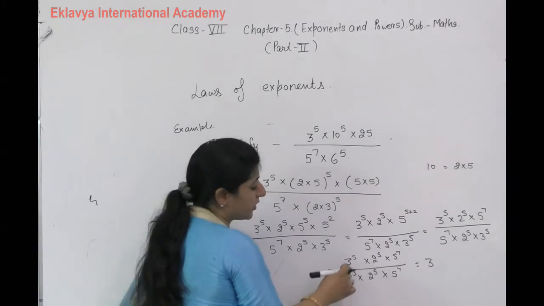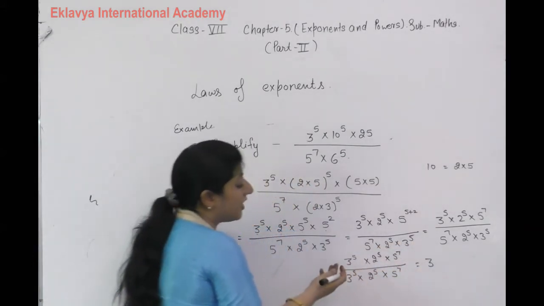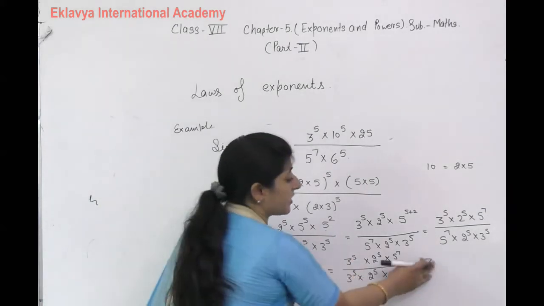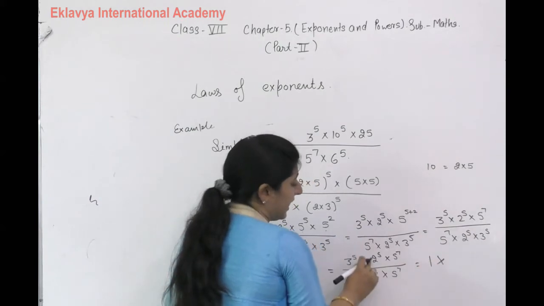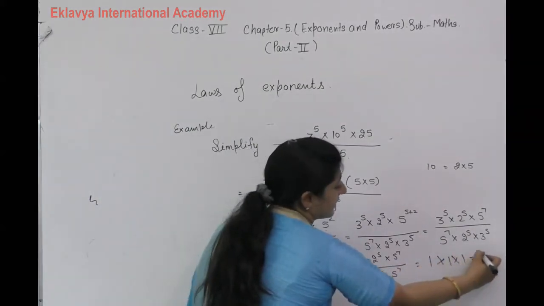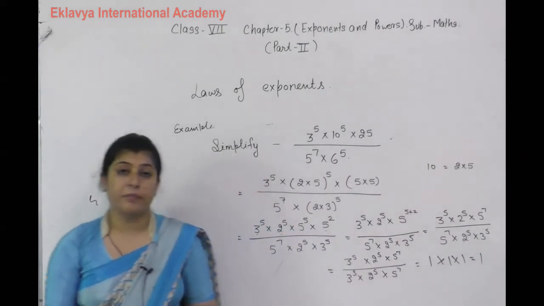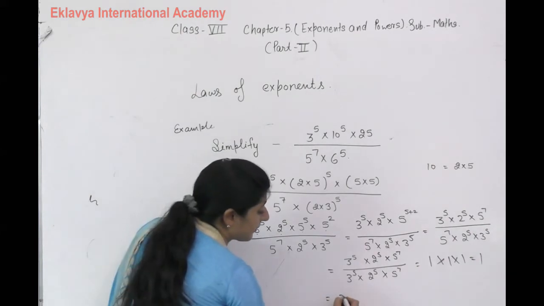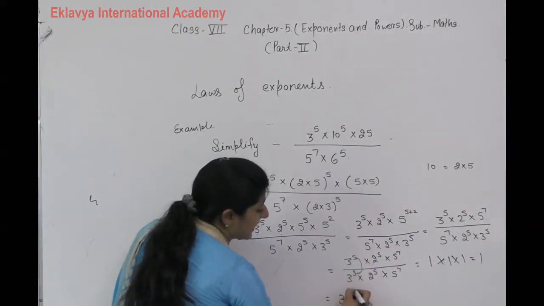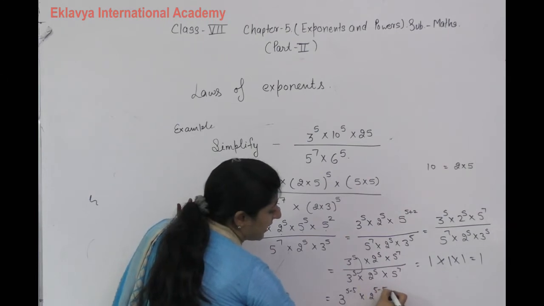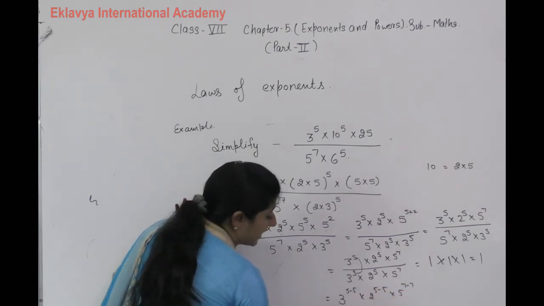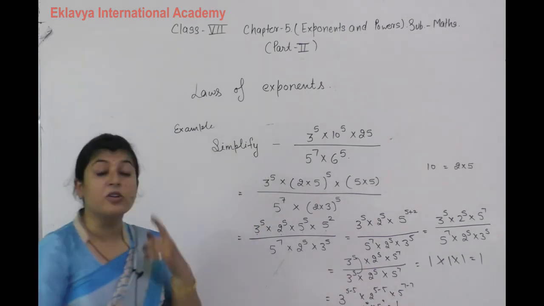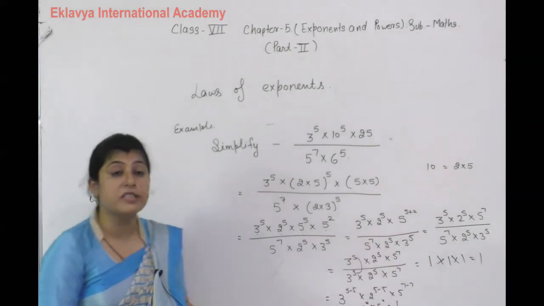Or if you want to do it by exponent, then see how to find the quotient. Powers will be subtracted, and we already say that when m is equal to n, it is equal to 1. Multiply 1 by 1, then our answer is equal to 1. This is how we simplify. Or if you solve it, 3^(5-5), 2^(5-5), 5^(7-7), then you will also get the same result, because any power 0 is always equal to 1.